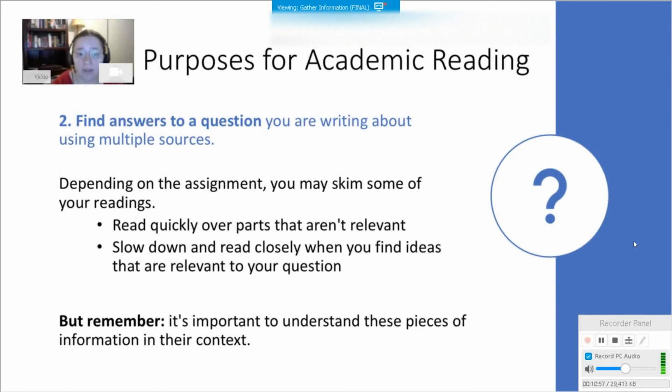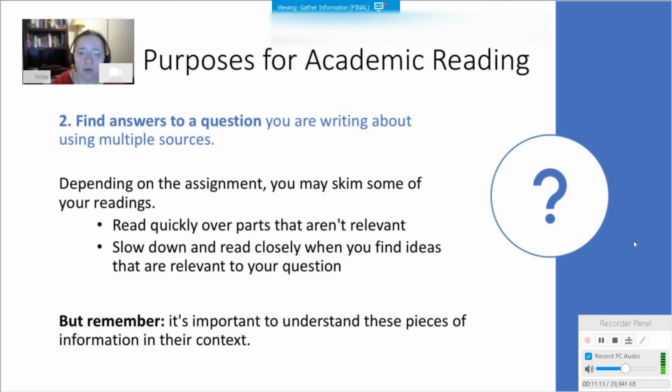Even when you've found your sources, you may use some skimming strategies, reading quickly over parts that don't directly address your research question, and focusing in on those parts that do.